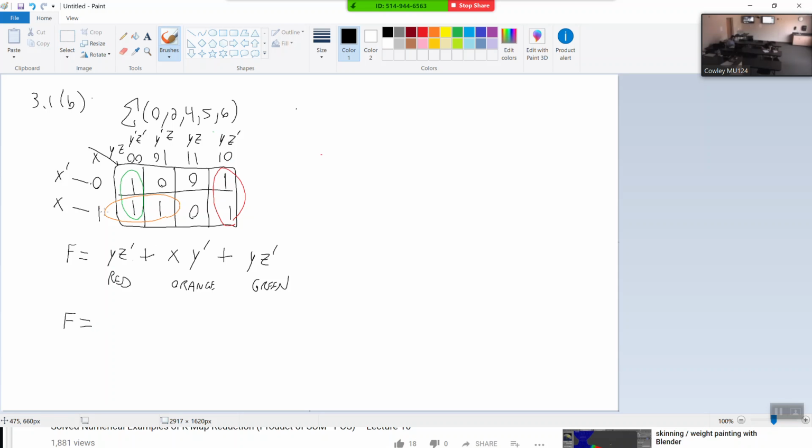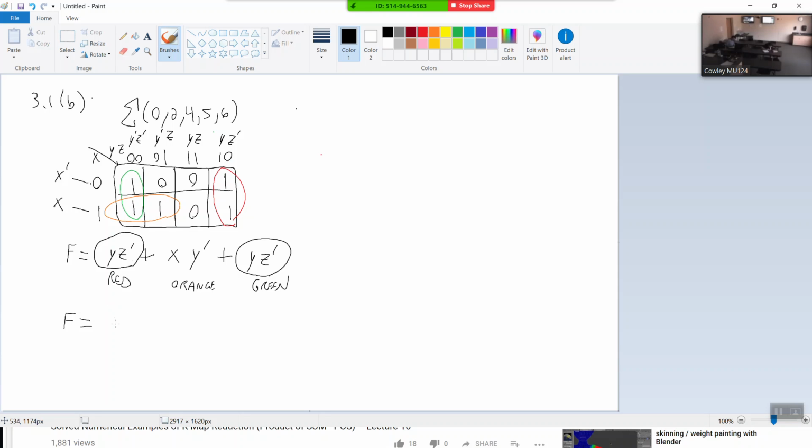Oftentimes when you share an item like this, where they share an entry, you're going to find that you have like an odd number, so you can combine things together. What do you notice that I can combine together here? These are both YZ prime, aren't they?